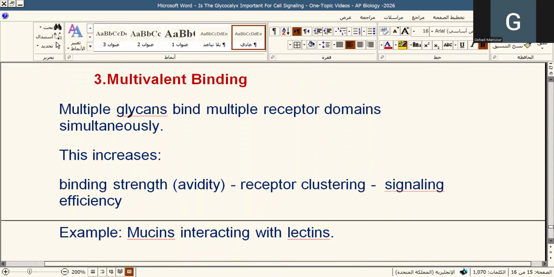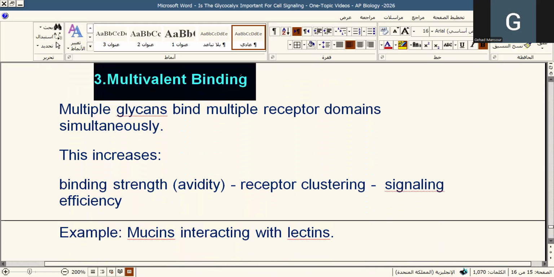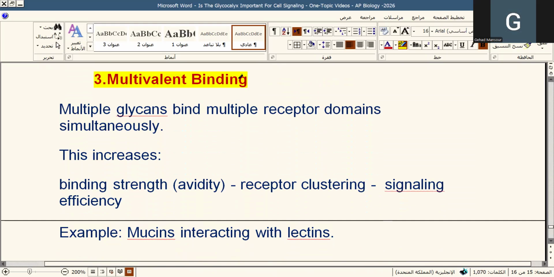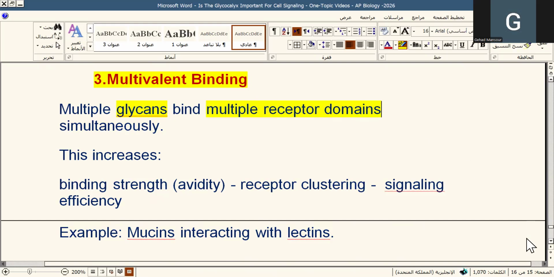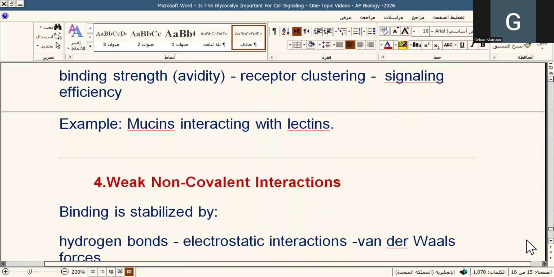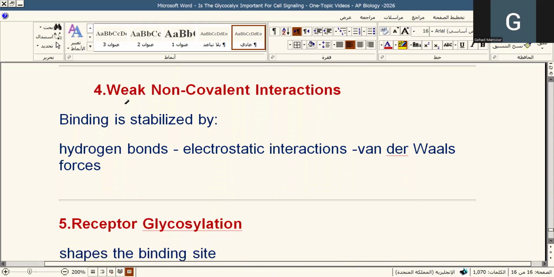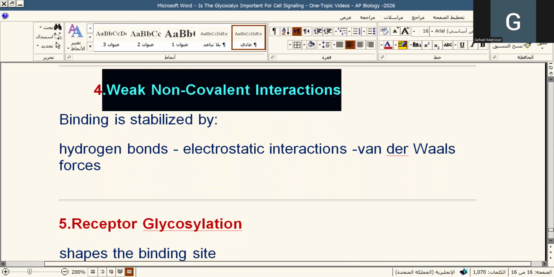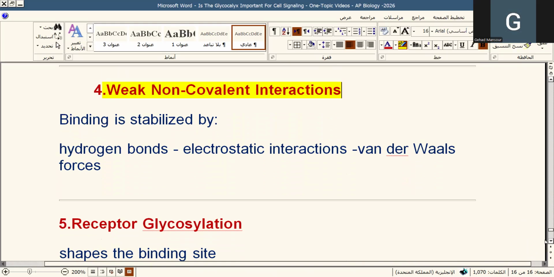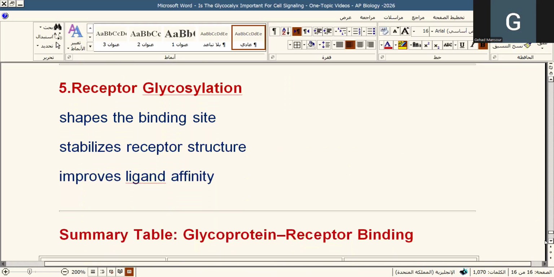And then we have the multivalent binding. This is a bit more advanced. You needn't know all the types. The first two types are the most important ones, but the multivalent binding means that multiple carbohydrate molecules will bind with multiple receptor domains on the protein to form large complexes. And sometimes there is weak interaction between the carbohydrate moiety of the glycoprotein and the receptor.